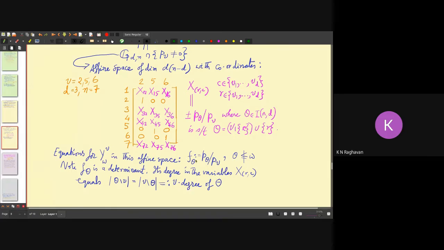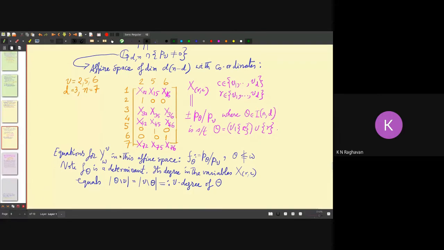So what we are getting is that YVW is the spectrum of a polynomial ring modulo certain crazy determinants, whatever these P theta by PV turn out to be for theta less than or equal to W, and these can be very wild.